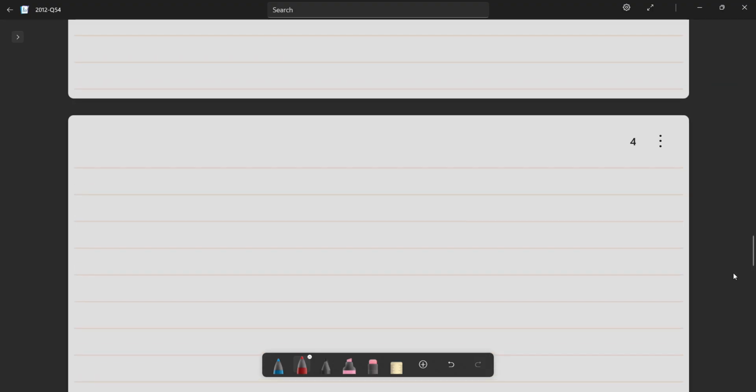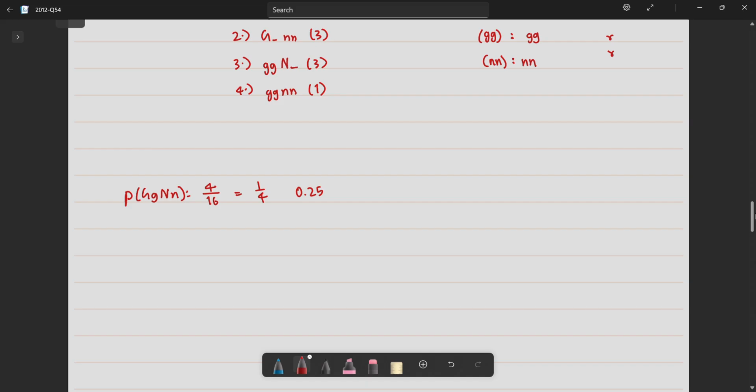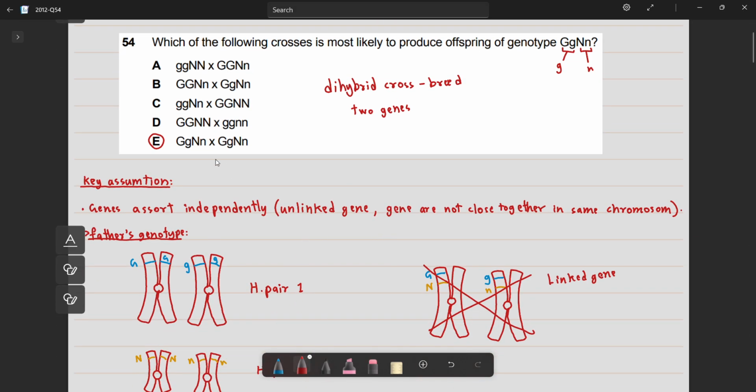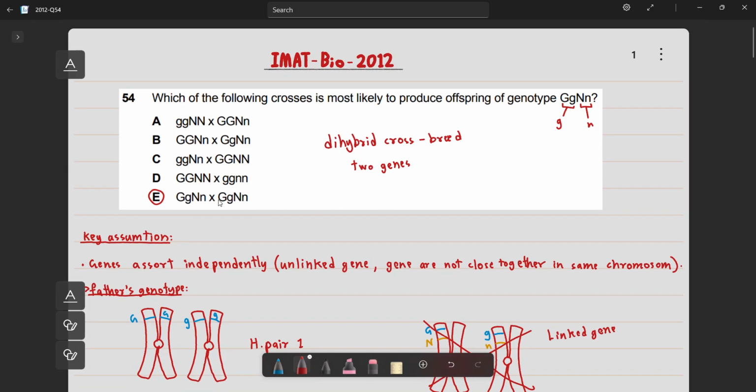Now let's get back to the question, since I've explained enough to understand it. In the IMAT, when you sit and see this type of question, first they give the genotype of the heterozygote genes, the offspring with a certain genotype. Then they give the crossbreeds of the parents with their genotypes.